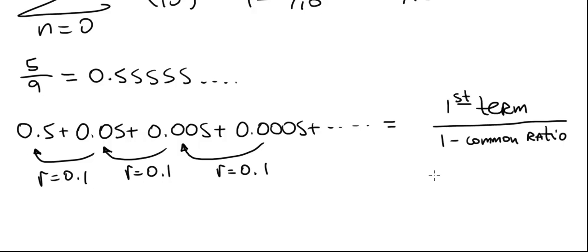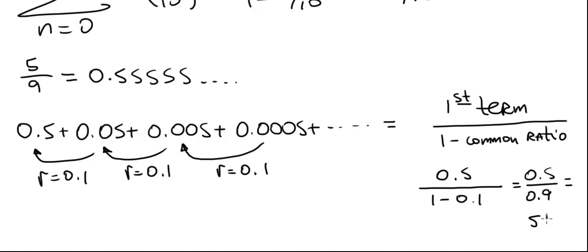In this case, the first term is 0.5 and the common ratio is 0.1. So we get the same thing, which is 0.5 divided by 0.9, and that is 5 divided by 9. So you can use either summation notation or this formula without it.